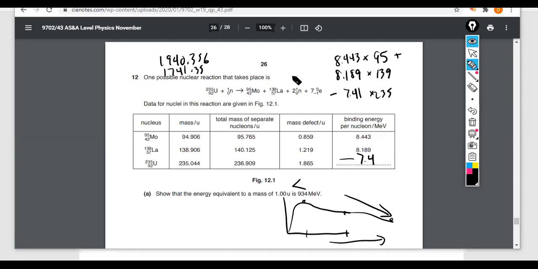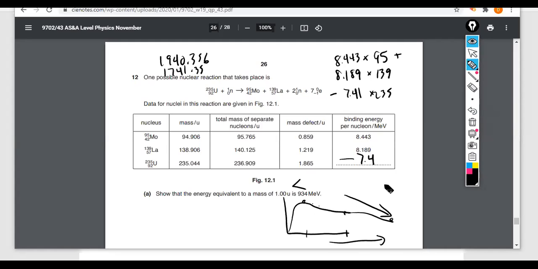And so the energy that's liberated in this reaction is the difference between these. It's the difference between the nucleon number times the binding energy per nucleon, because these products are more stable, right? They have more binding energy per nucleon, so they'd be higher up on this plot.